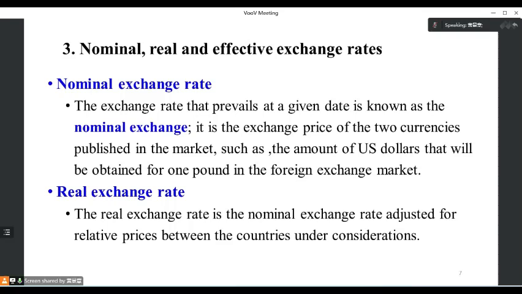It means if the nominal exchange rate changes into the real exchange rate, we must consider the prices in these two countries, and it can be adjusted by the prices in the two countries.